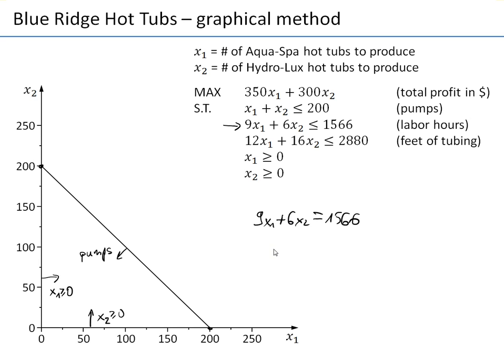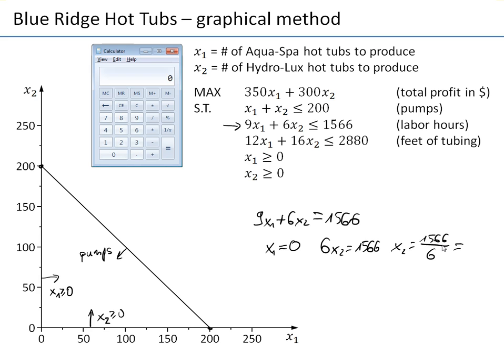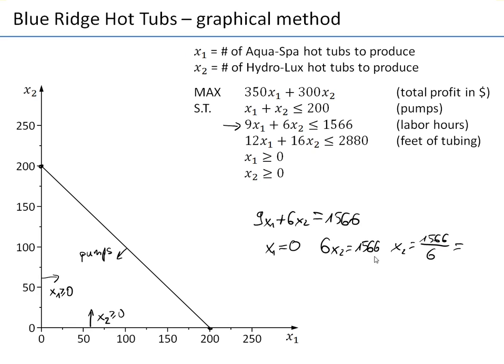Well, again, as before, we can try to find 2 points and draw a line that satisfies this equation. So we can do this by saying x1 equals 0, and that means if x1 is 0, we have 6x2 equals 1566, and that is when x2 is equal to 1566 over 6, which is, I can get the calculator, 1566 divided by 6, it's 261, so the solution here is 261.